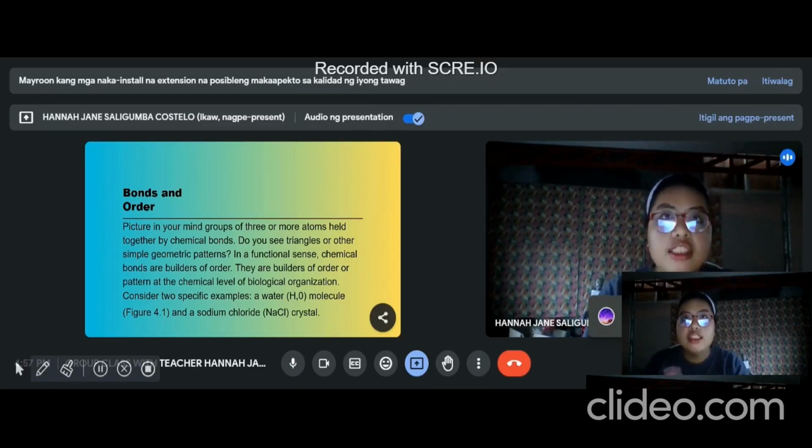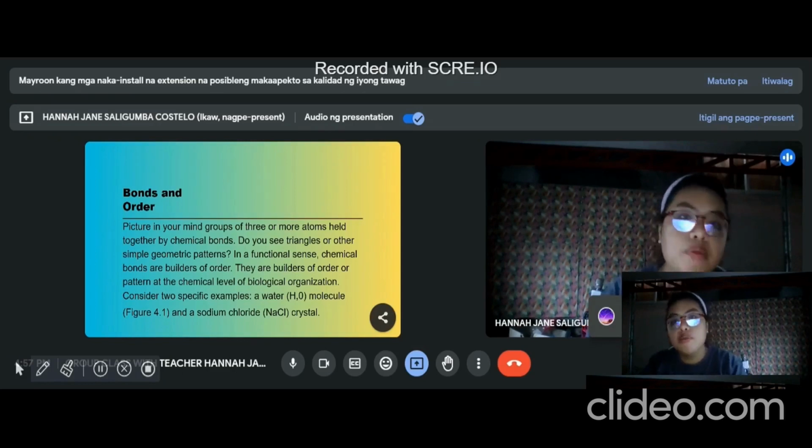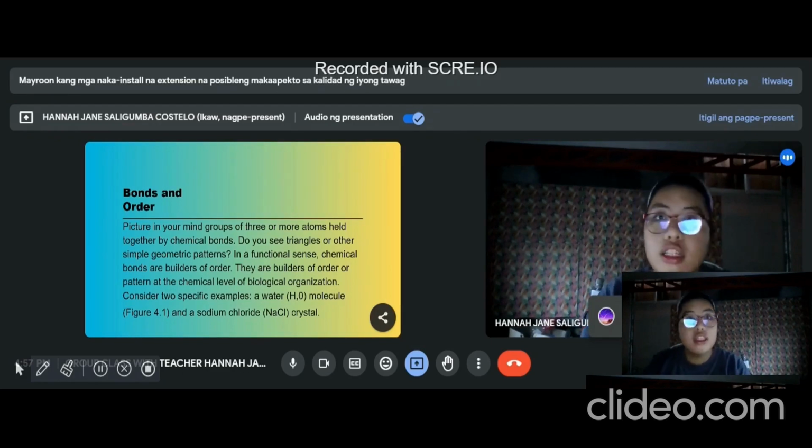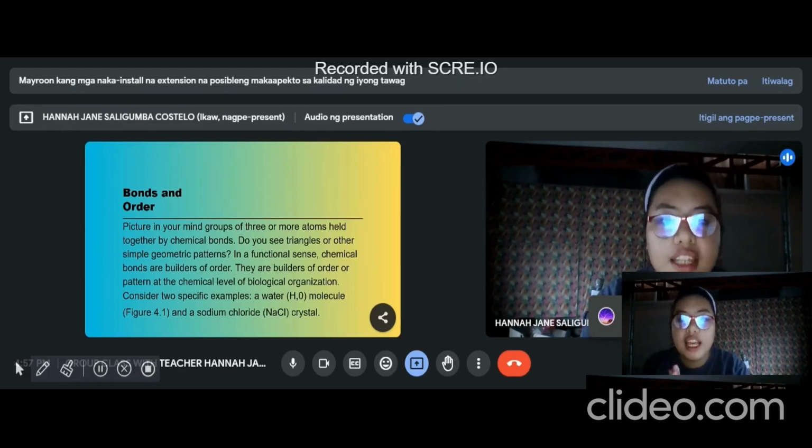And then NaCl, so one atom of sodium and 1 atom of chlorine. Sodium chloride is 1 atom of sodium and 1 atom of chlorine. So sodium chloride lang yan.